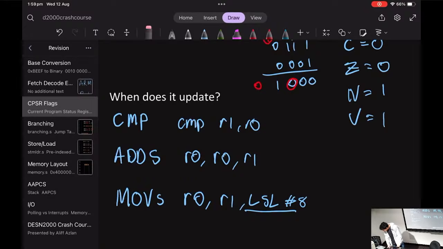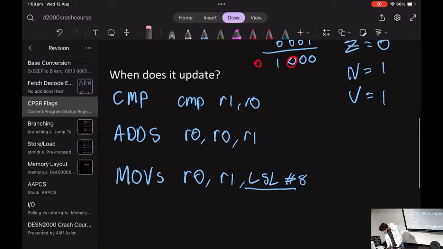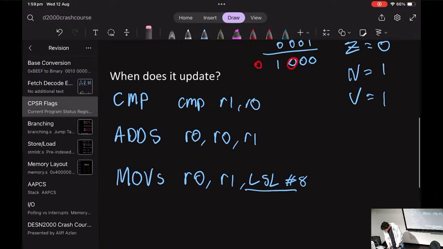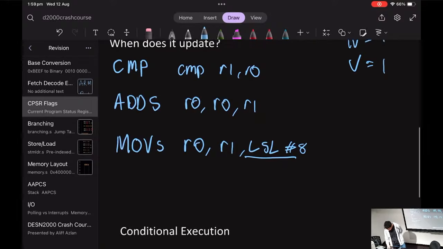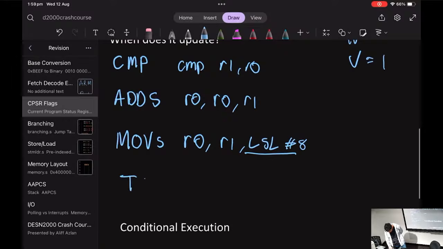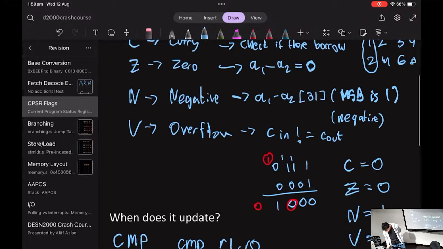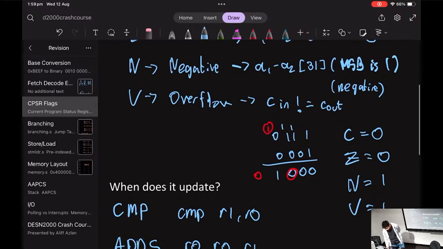Yep. So I've got a quick question here. With CMP, there are also a couple of other variations of CMP that you might have seen. You've got TST, you've got TEQ. All these do is different variations of instruction.